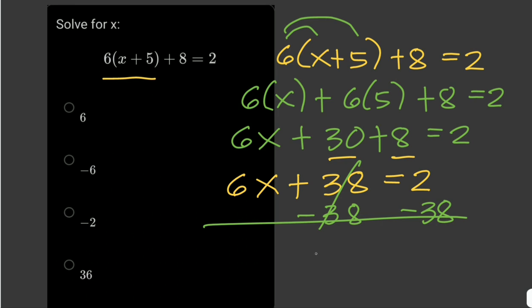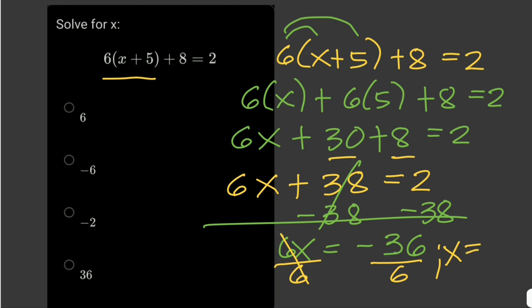This cancels out, so we're left with 6x equals 2 minus 38, which is just equal to negative 36. And now to finally solve for the value of x, we divide both sides by 6. Therefore, the value of x is equal to negative 36 divided by 6, which is just equal to negative 6. So the answer here is this one.